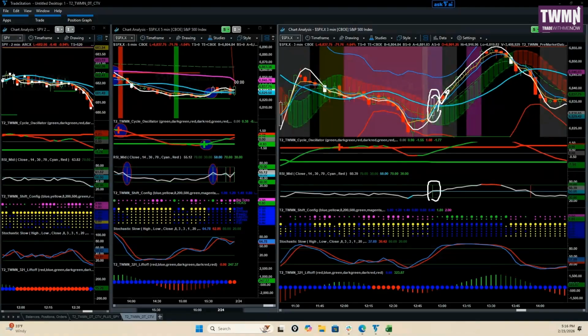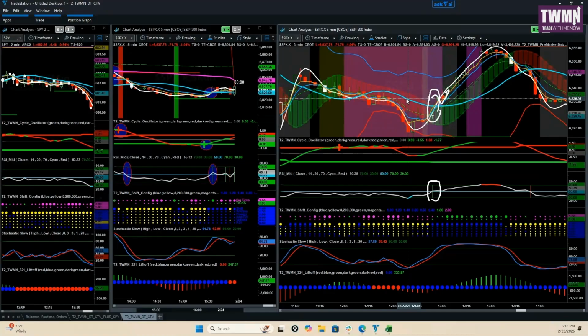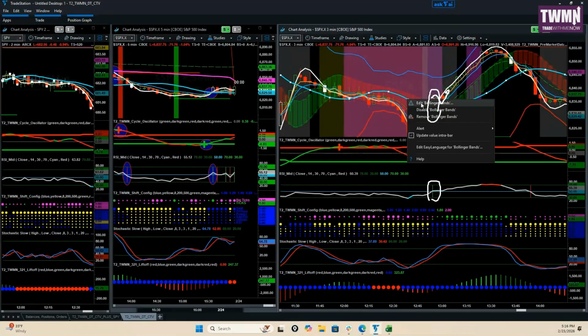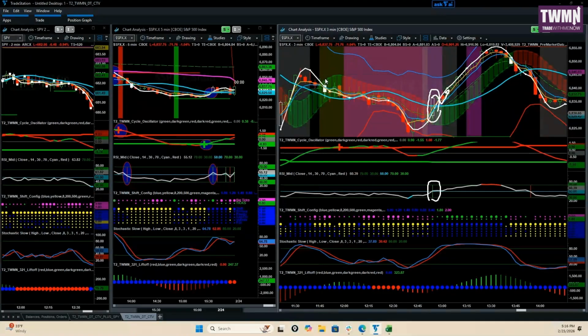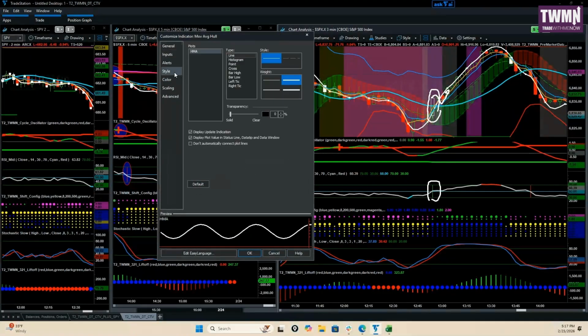You can change the size of your crosses on your setup, Ken. If I wanted to change my 20 right here, that's a Bollinger Band, and I don't want to do that with the Bollinger Band. Say I did my hull right here, that white line. If I edit that, under style, it's set as this.